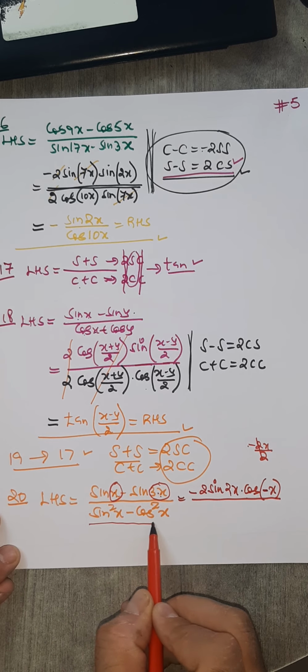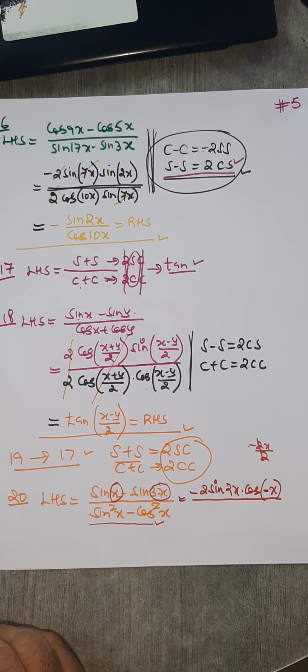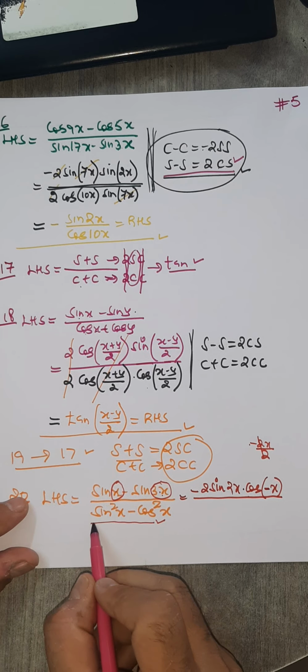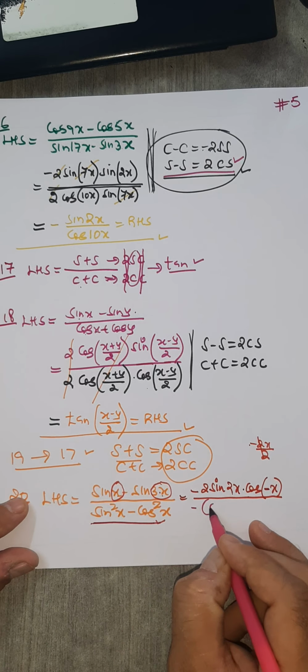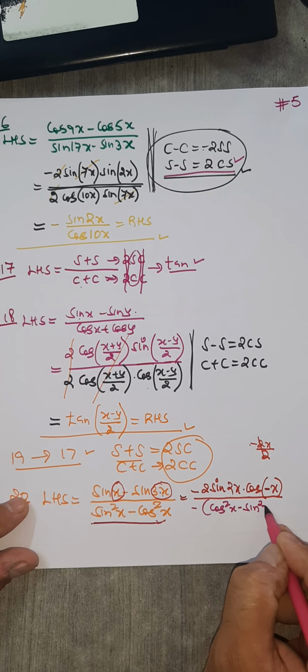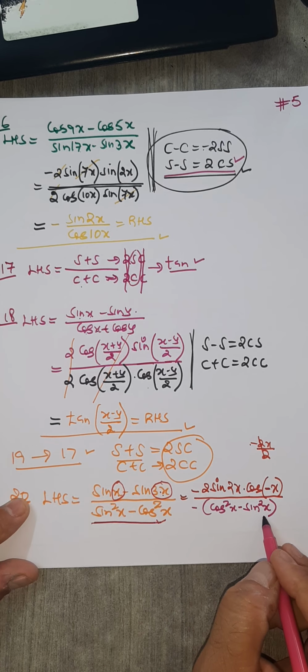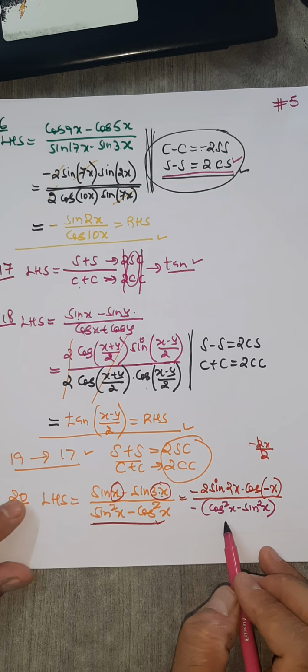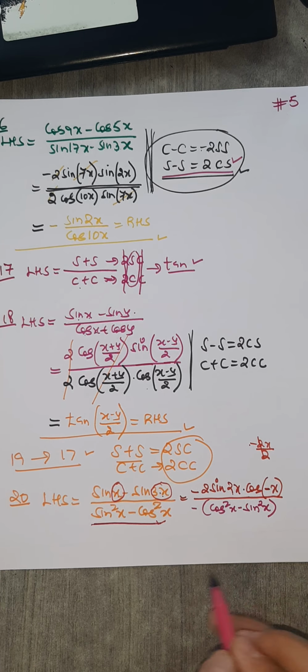Now what is this? If you remember submultiples and multiple form, this is a standard formula. Take minus common. What is cos square x minus sin square x? You know that this is nothing but cos 2x.